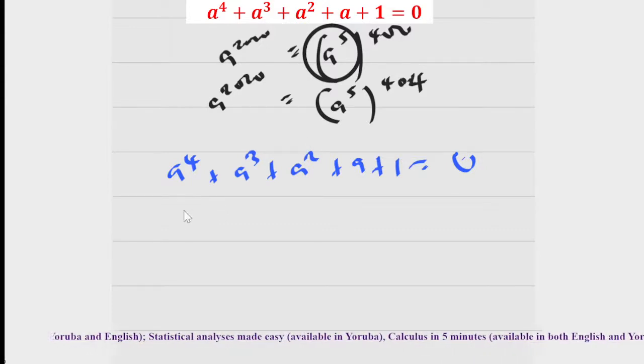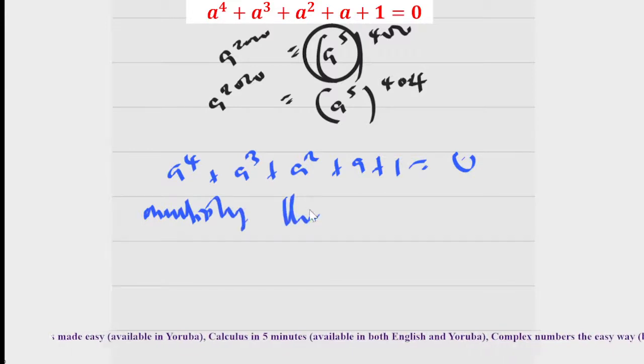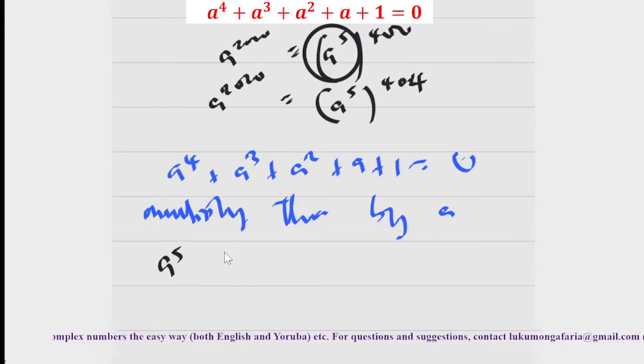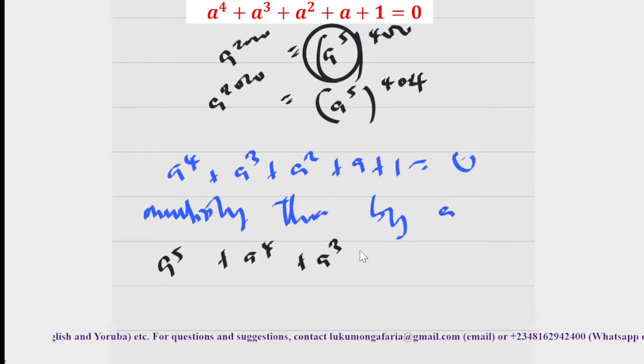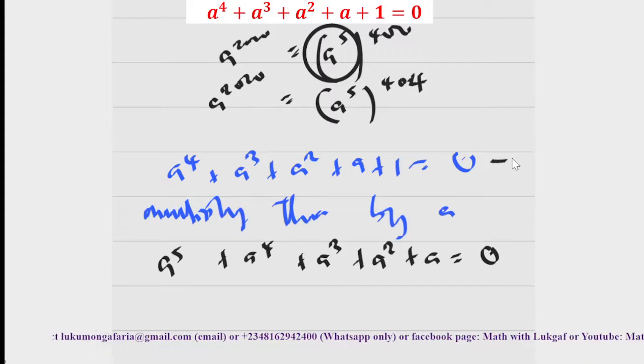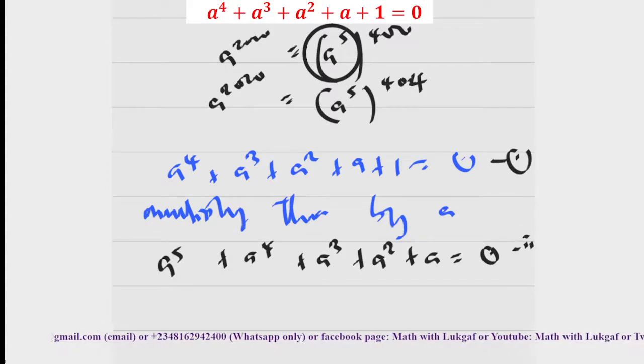What if I multiply through by a? Then I'm going to have a^5, because a times a^4 will give me a^5, plus a^4 plus a^3 plus a^2 plus a equals 0. Let's call this equation 1 and equation 2.